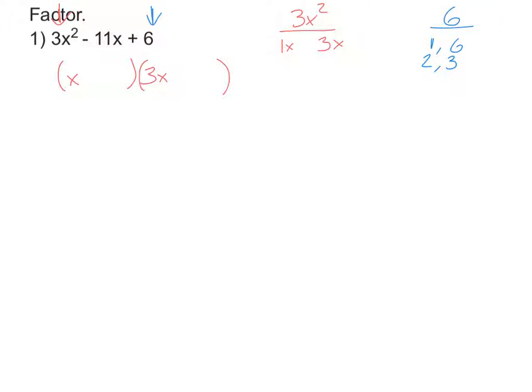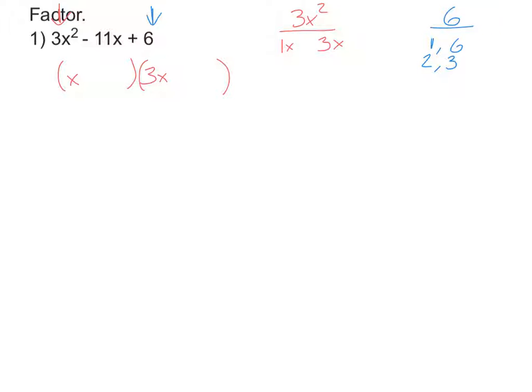Now I can't simply throw those in there, because if I were to redo FOIL, remember that even though the back ends were 1 and 6 or 2 and 3, the outers and inners have to multiply together. And one of these, the inners namely, gets multiplied by a 3 before we combine like terms.